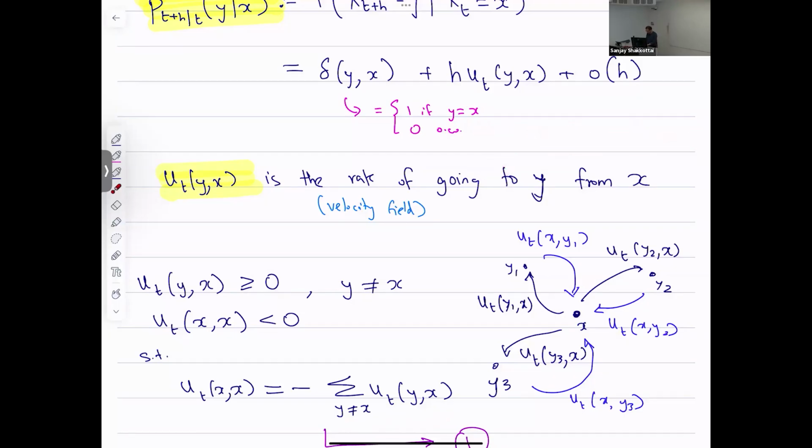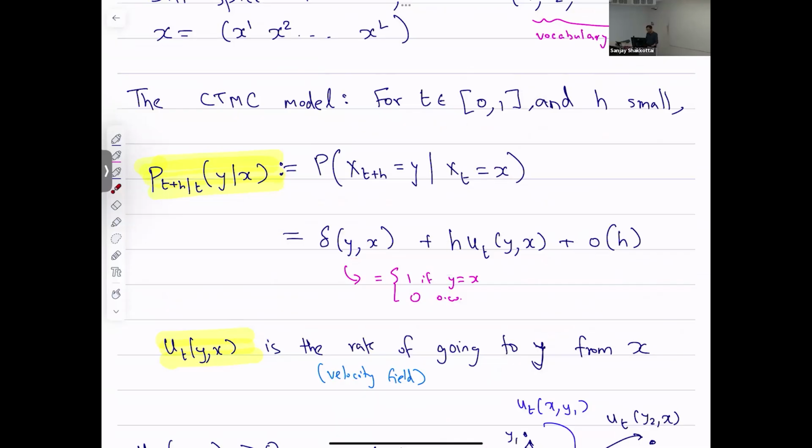Why is that? Look at this expression. What this is saying is that this probability should sum up to 1. For any x, the sum over all y should be 1, which means when y equals x, this is some negative quantity. So it's 1 minus h times some quantity. That's what the probability is. And for every other state, this is 0.